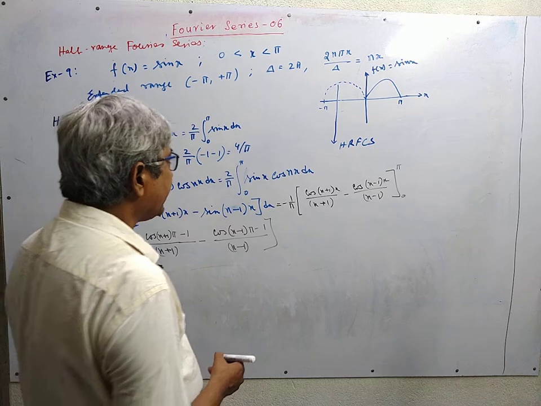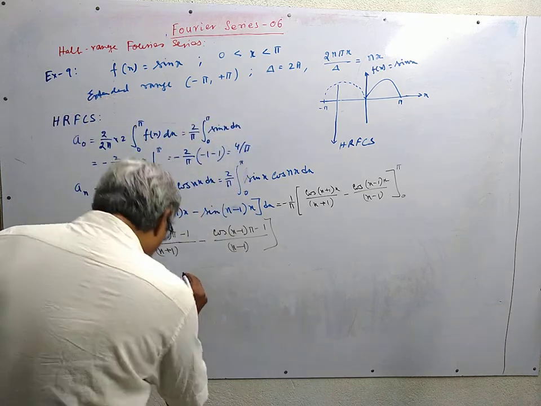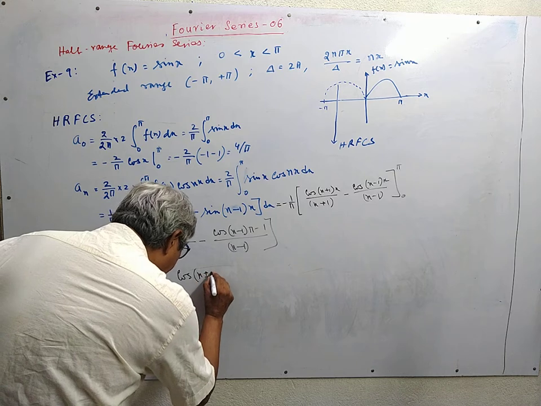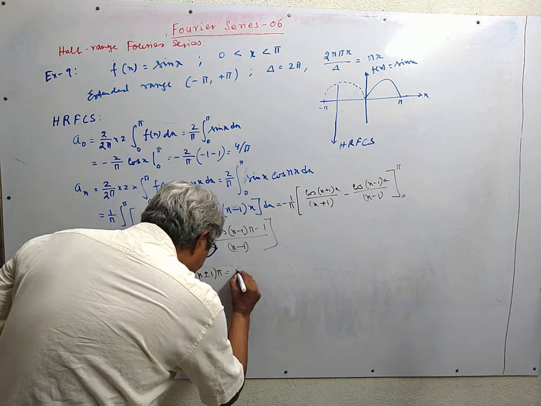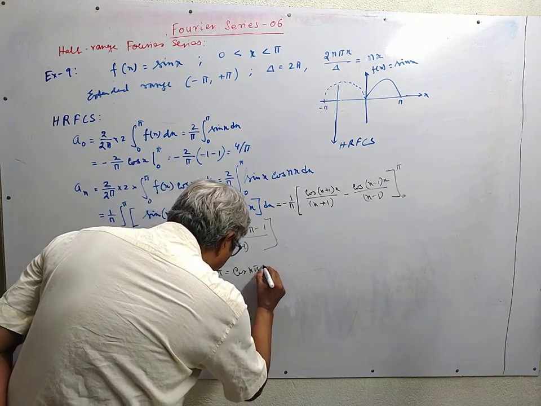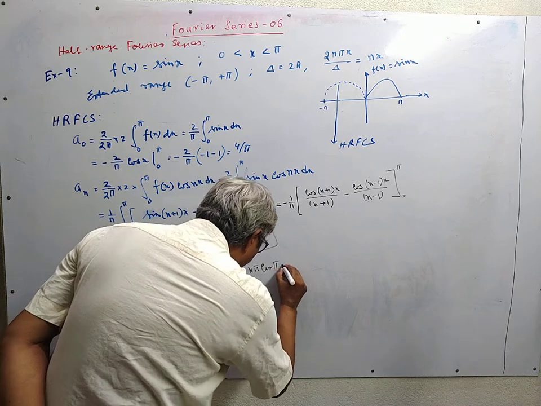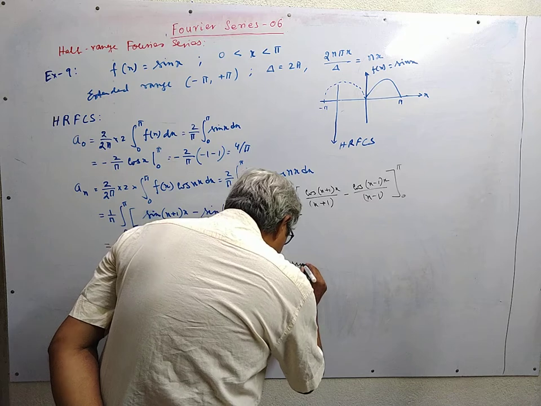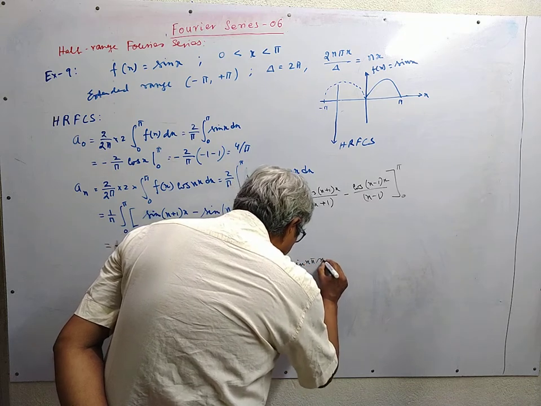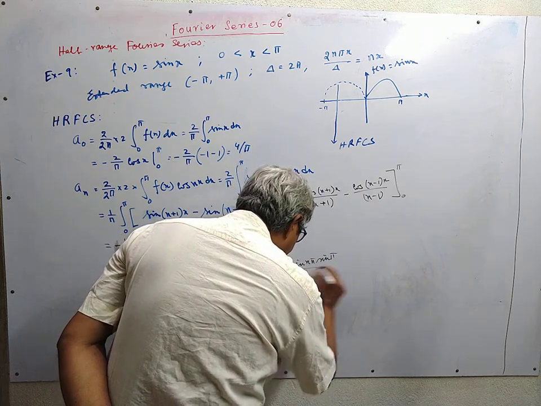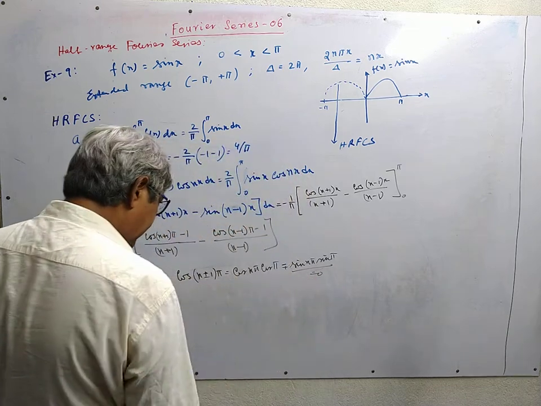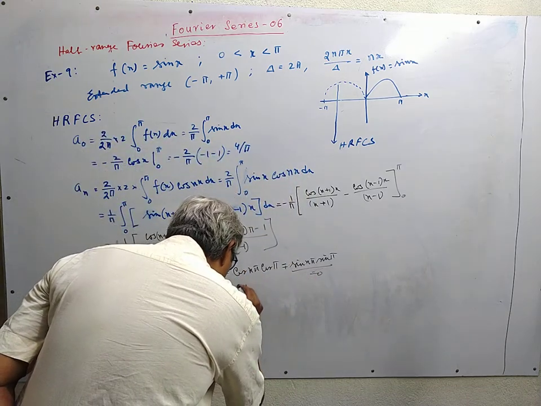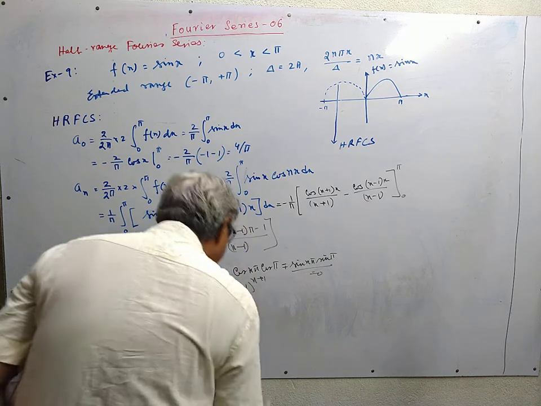So cos of n pi, now cos of n plus minus 1 pi is equal to cos of n pi cos of pi minus plus sine of n pi sine of pi. This part is 0 and this is minus 1, so this is minus 1 to the power n plus 1.